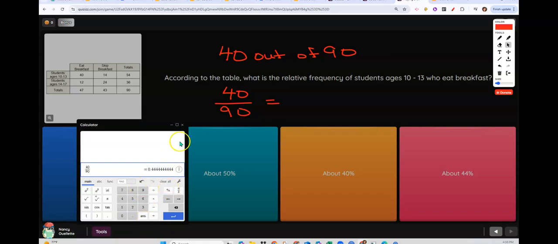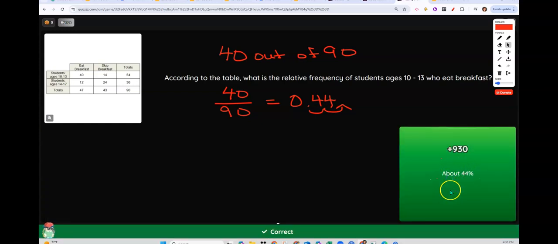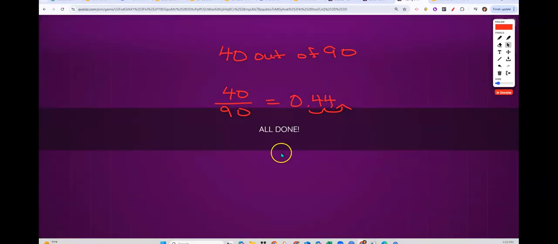And to make that a percentage, you just move the decimal 2 places to the right, and that is 44%. So our answer is going to be about 44%. So relative frequency is the percentage and not the number. And that was it.